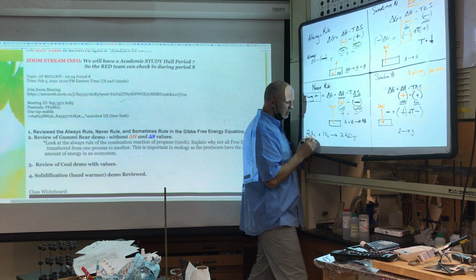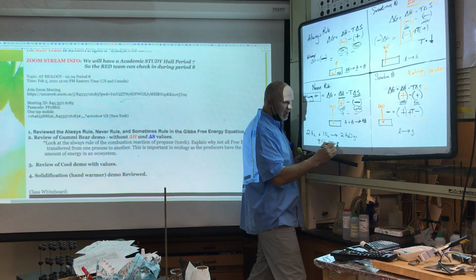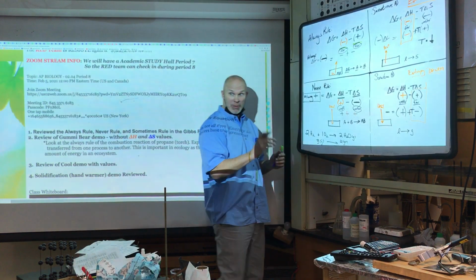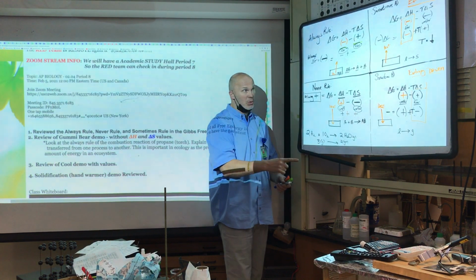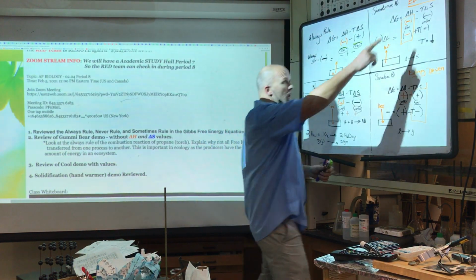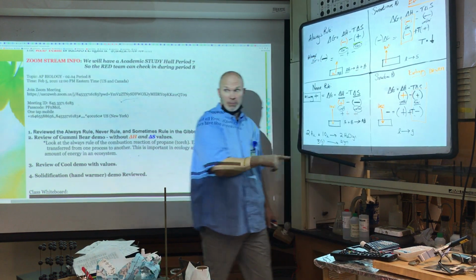Now they're all gases. So I take three gases and I'm making two gases. So when you think about this process, three gases becoming two, that's an unfavorable delta S of the system.